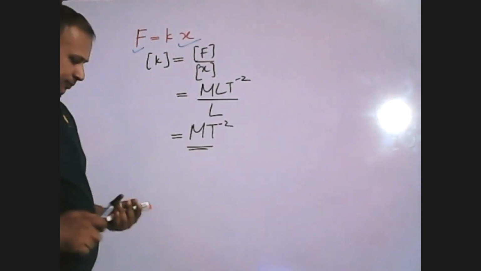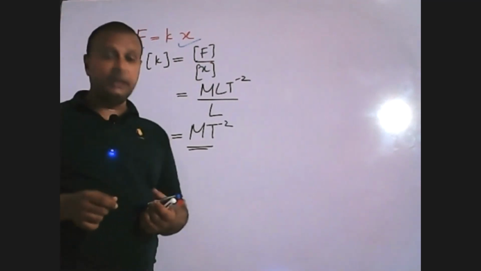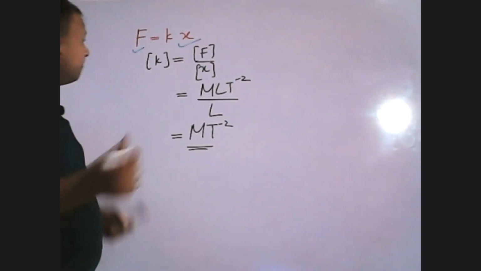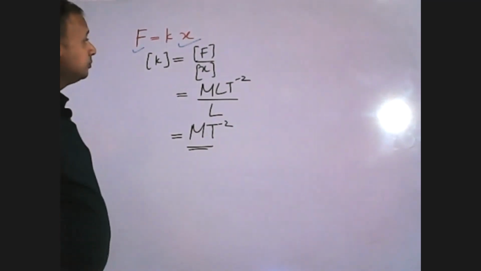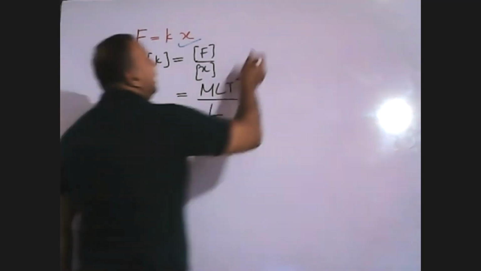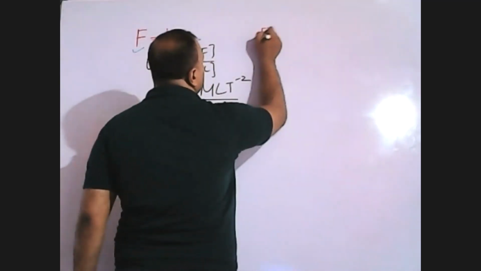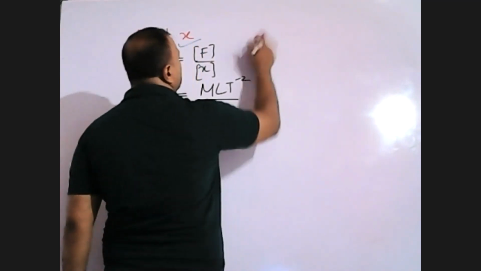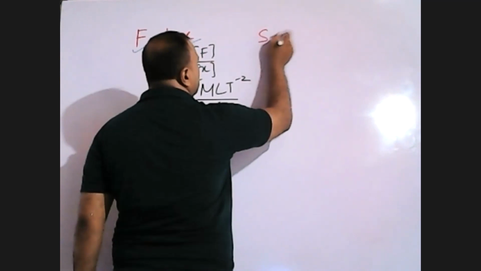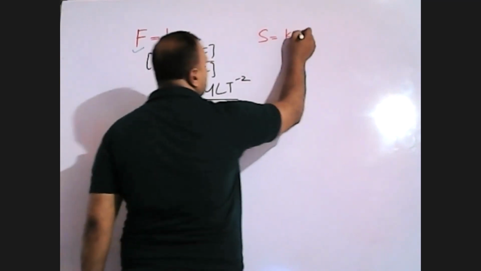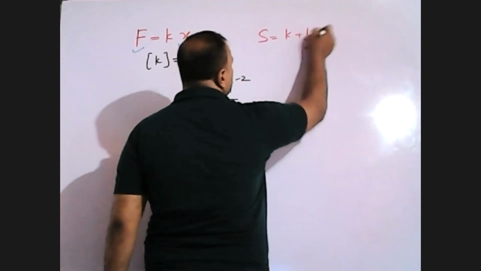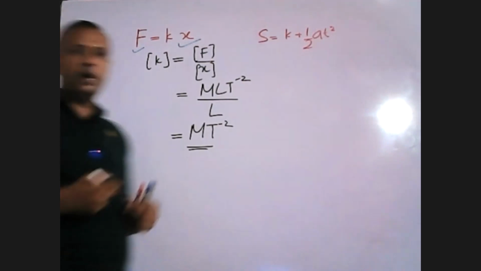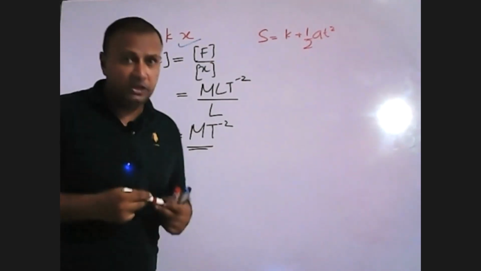Let's take another example: F equal k plus half a t square.